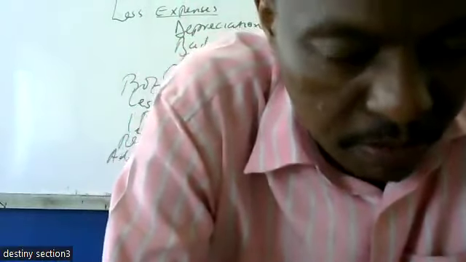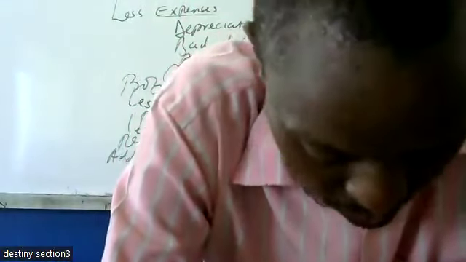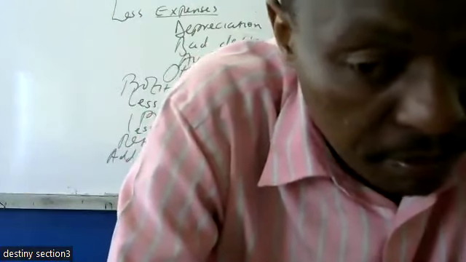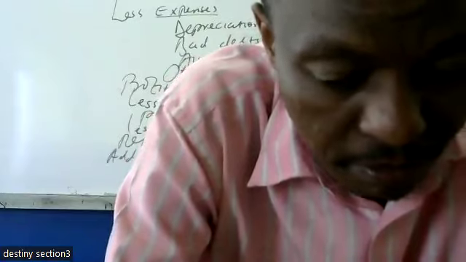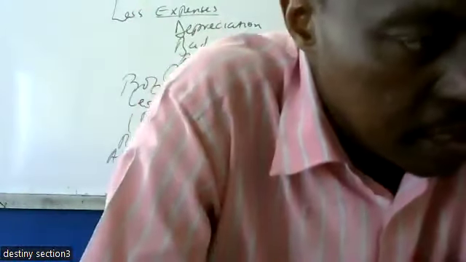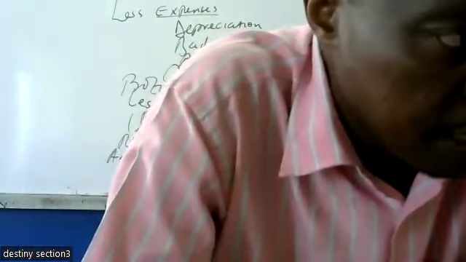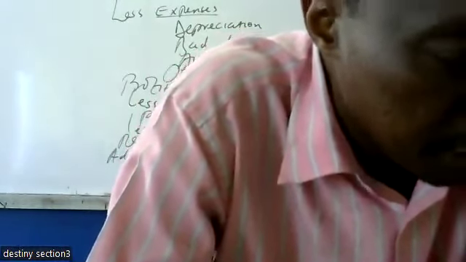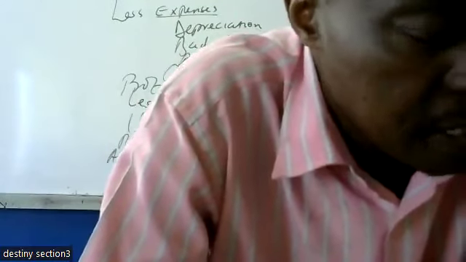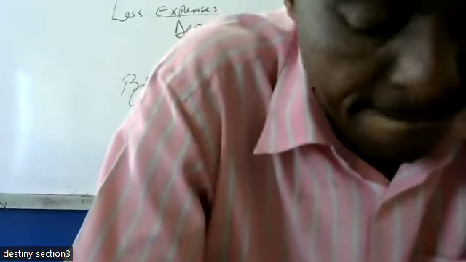In that particular question, you have been given a question about a farm called David Wekesa. The requirement of the question is that you prepare the revenue account, the statement of profit or loss, and the statement of financial position.